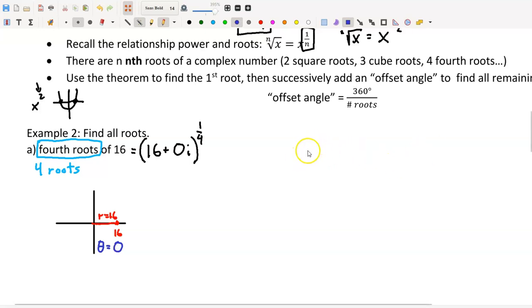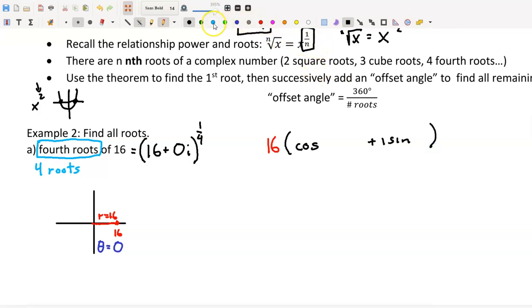Right? So we'll have 16, right? And then cosine plus i sine. And it's just going to be 0, right?